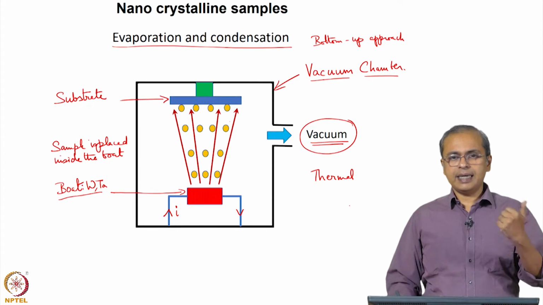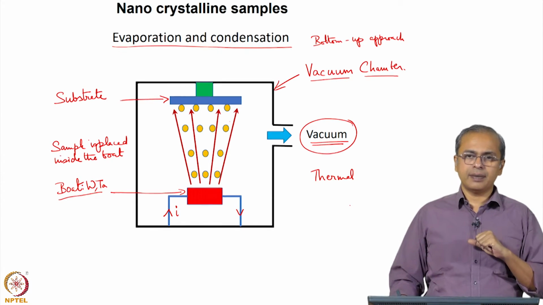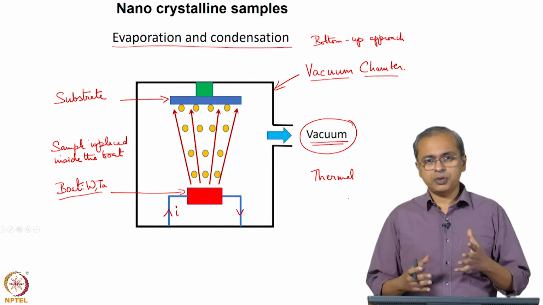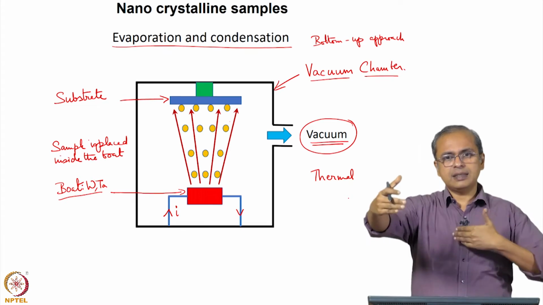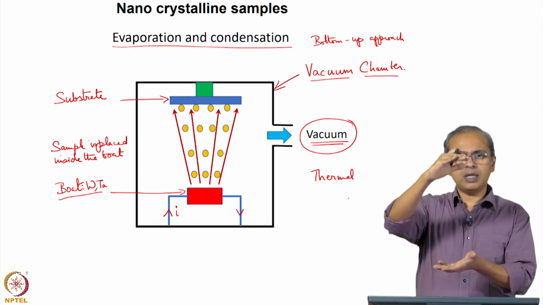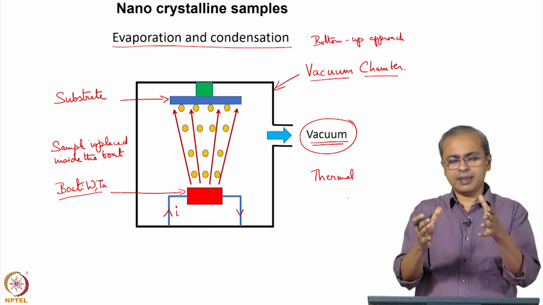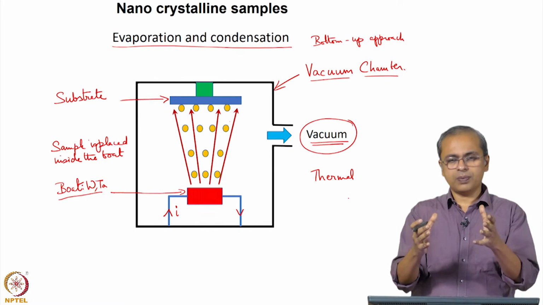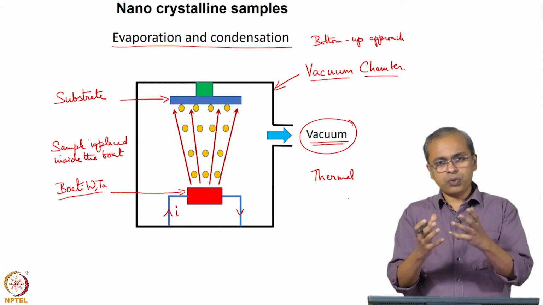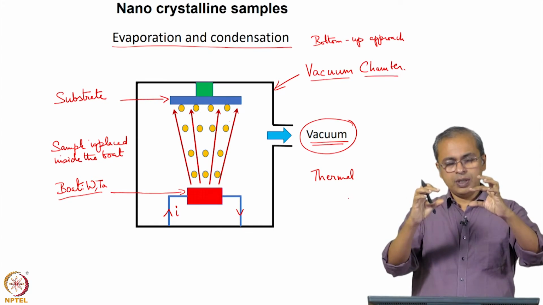I squared R heating will happen, you will have a considerable amount of heating. If you actually see these setups, you can have a fairly large chamber. It really depends on what your setup is. You can also have a small glass vacuum chamber, and in that you draw vacuum. You can actually see this boat inside it.